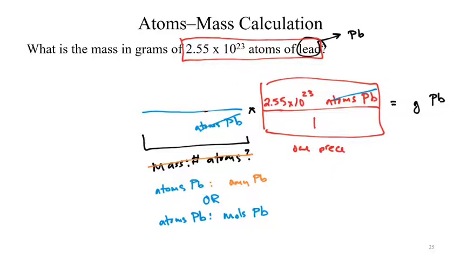My preference is to do the moles of lead, because that is a conversion factor that I'm required to have memorized. That is Avogadro's number. In that memorization, I have to know what thing goes with what. The moles is the larger piece, which means it's just the one.